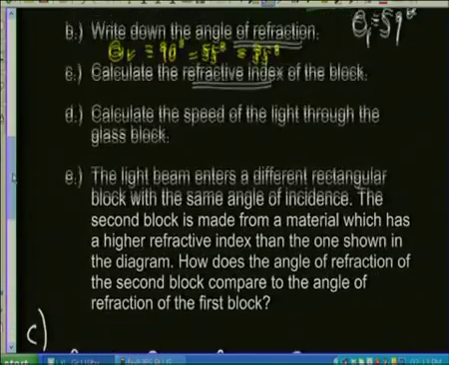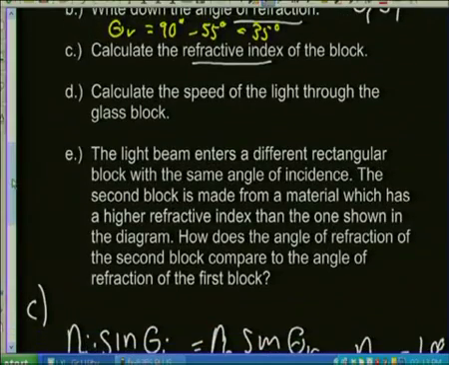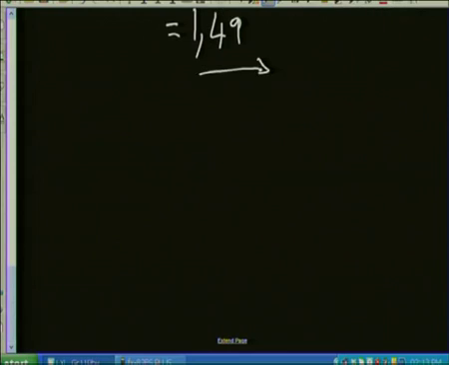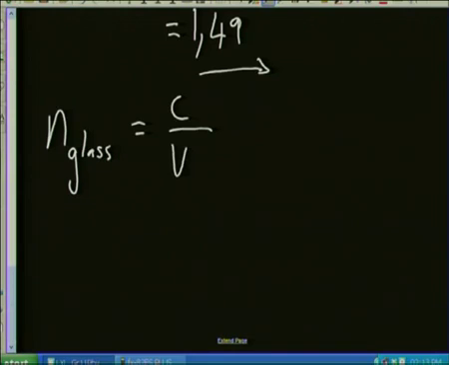Great. Let's move on. So it now tells me calculate the speed of light through the glass block. Now, remember what we've said is the refractive index of glass is going to be the ratio between the speed of light and the velocity through the block. So what we recognize here, it's the speed of light divided by the velocity.